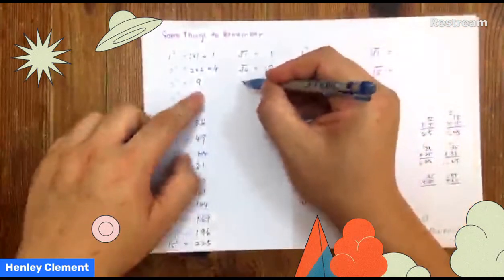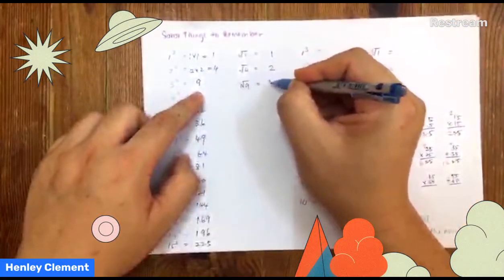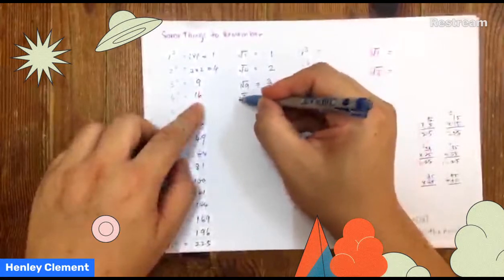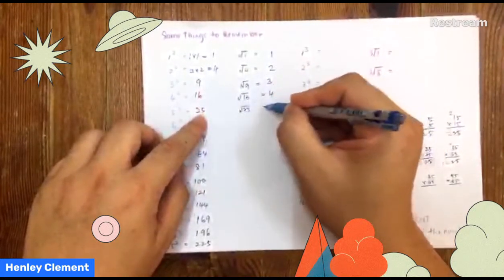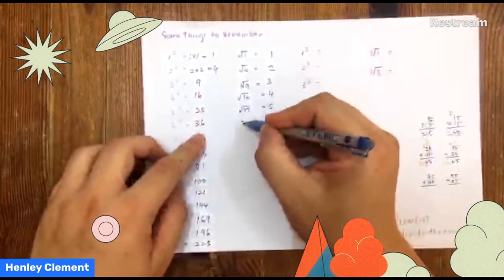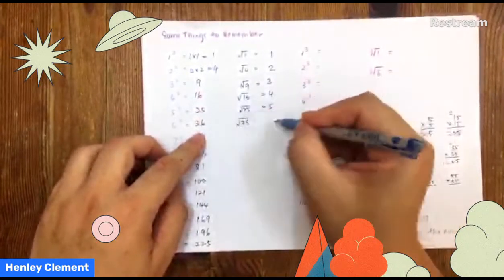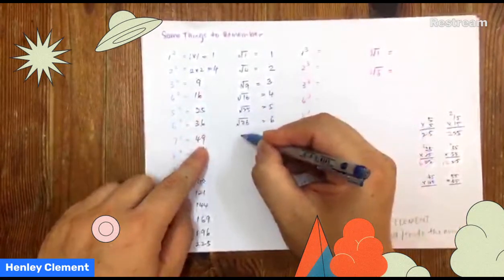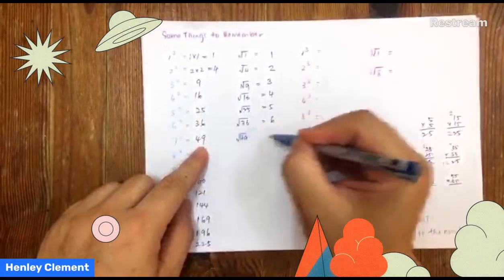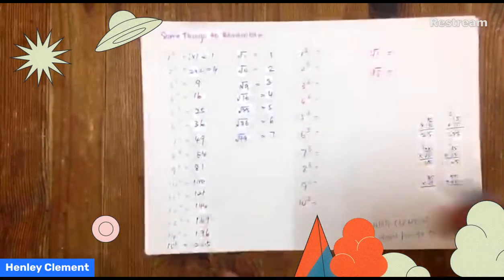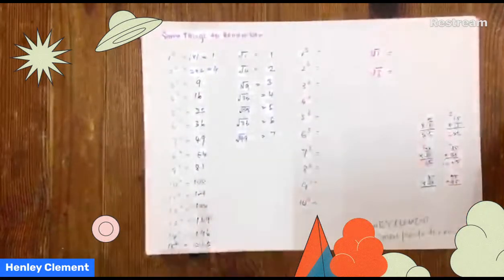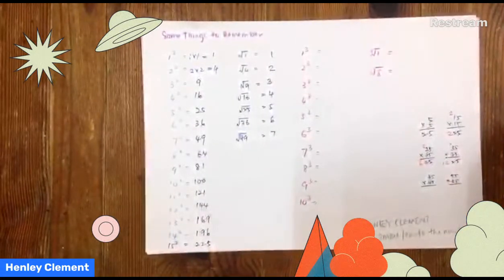So 9 will give you 3, 16 will give you 4, 25 will give you 5, 36 will give you 6, 49 will give you 7. Try to do the rest, and let me know whether you can answer this or not.